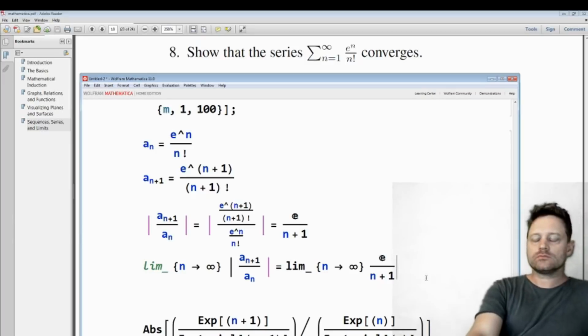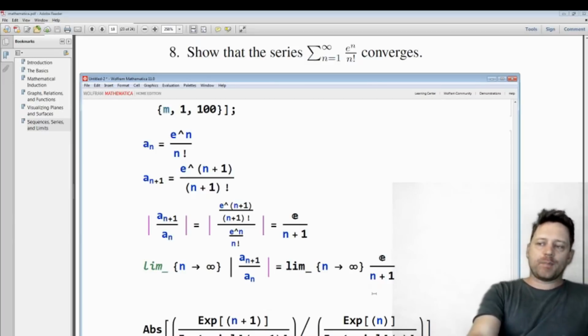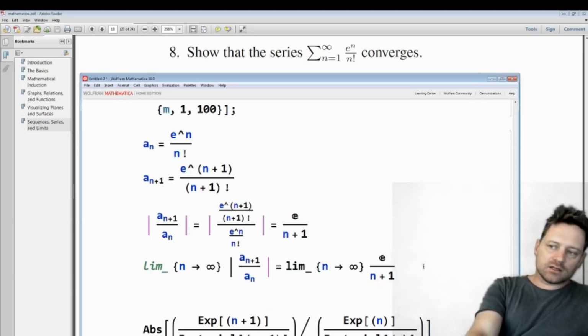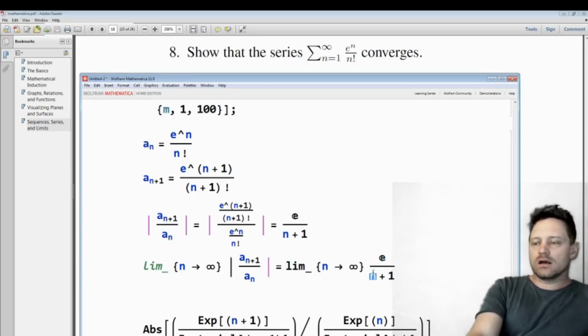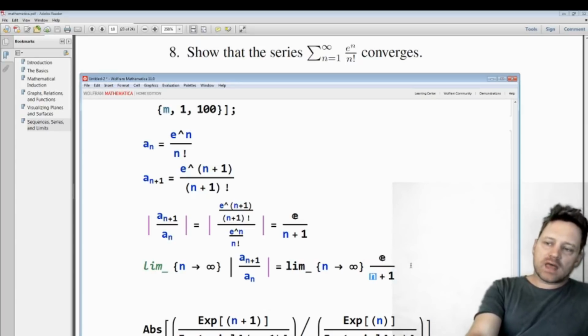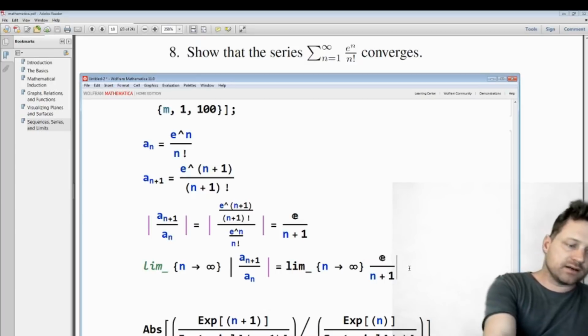You don't have to think very hard to see what happens when n gets large in this fraction, because e is a constant, 2.71828 and so on, but n is getting larger as n goes to infinity. So this limit is equal to 0.